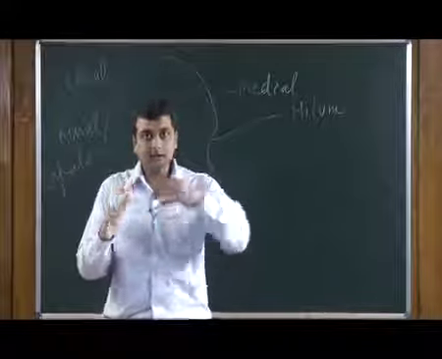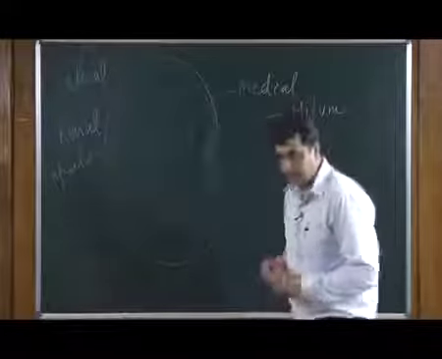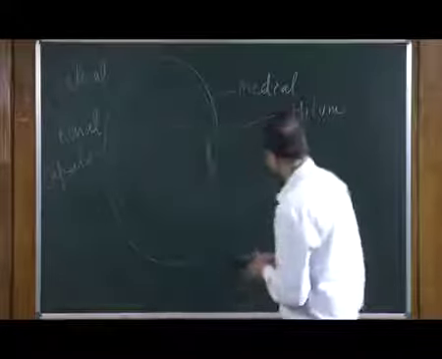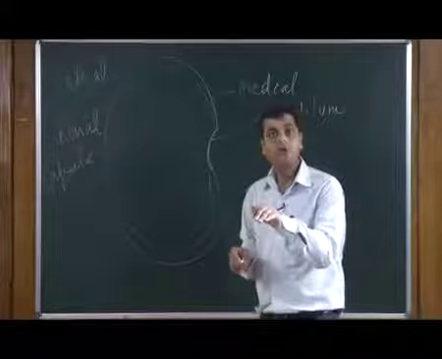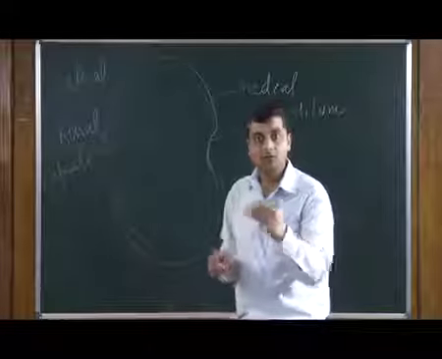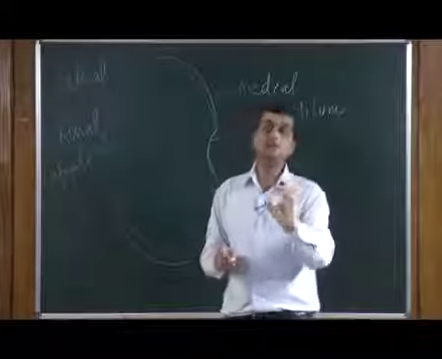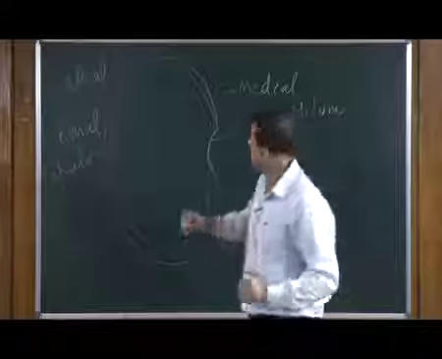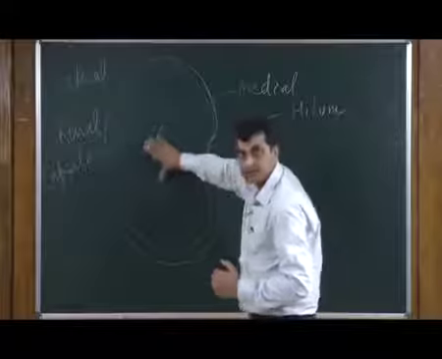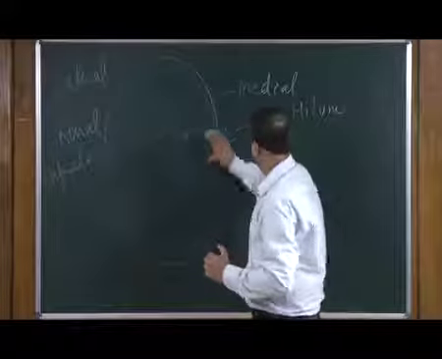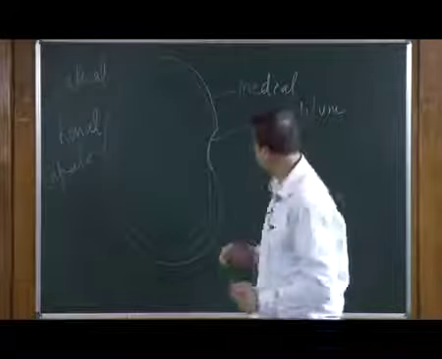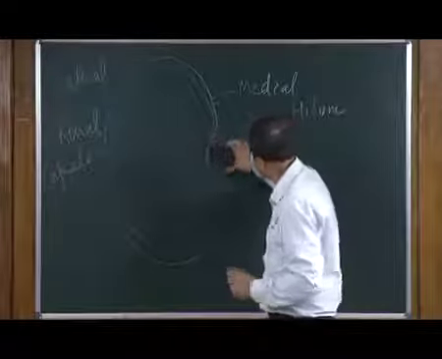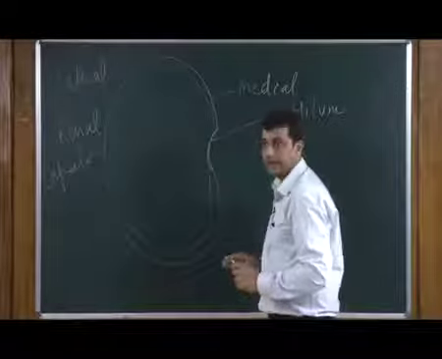This is nothing but an entry point. The hilum gives entry to the blood, and also gives exit to the deoxygenated blood and to the filtered material leaving the kidney in the form of a duct. So this is kind of an entry and exit point, an entrance to this kidney.